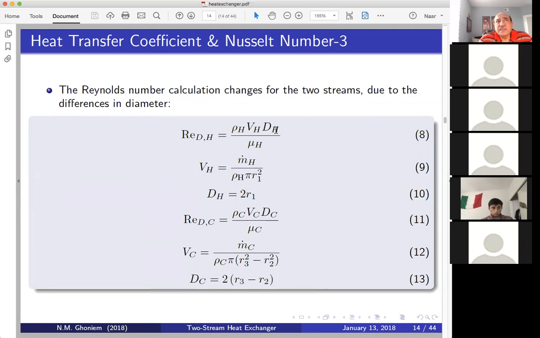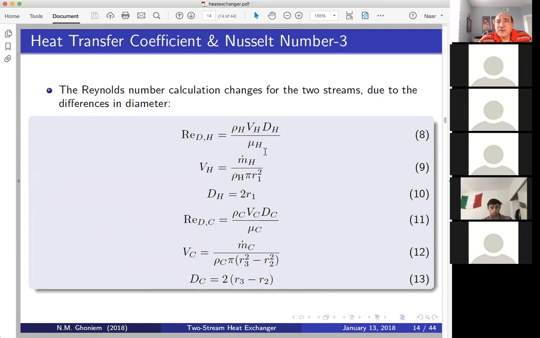So rho VD over mu H. So it tells you a high Reynolds number means that the fluid has a lot of momentum, just moving very, very fast, compared to eddies or diffusion across its main transport line, which means that high Reynolds numbers are consistent with turbulent flows.